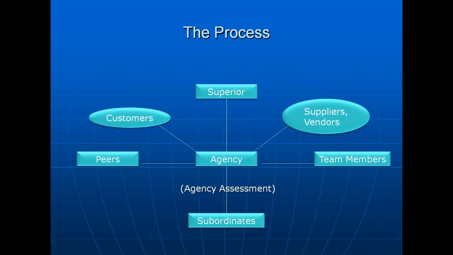We want to obtain feedback from customers and clients, people we serve. We want to obtain feedback from suppliers and vendors, funders, and sponsors. And then finally, we want to obtain feedback from subordinates. This is the 360-degree process in a nutshell.